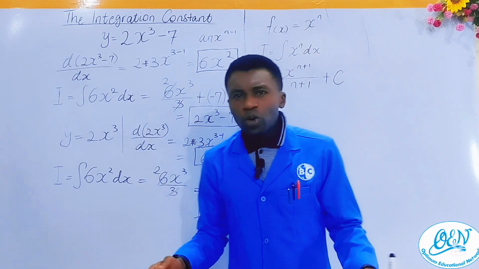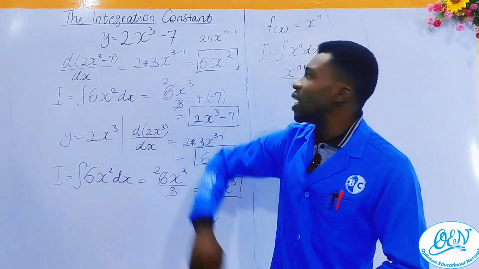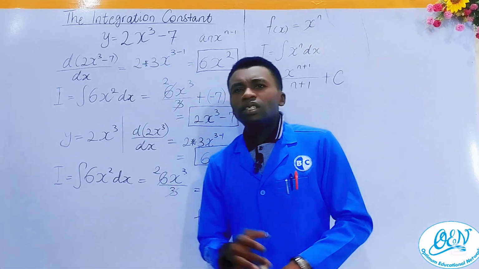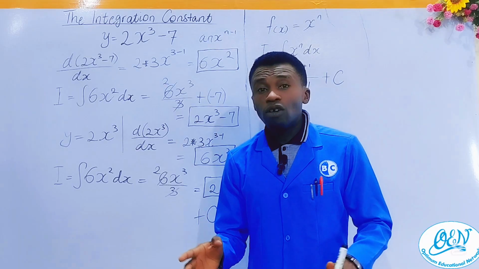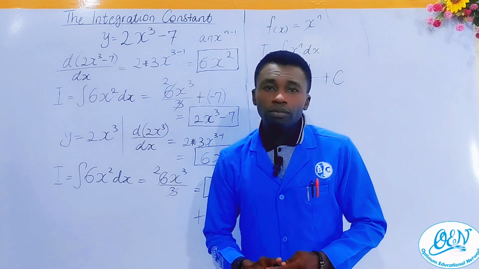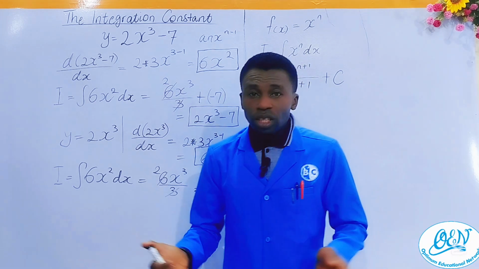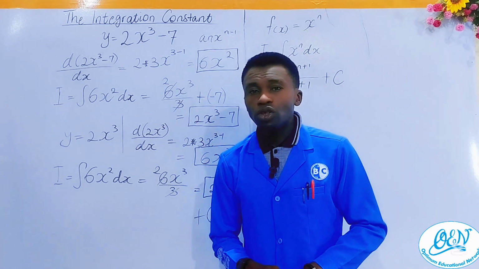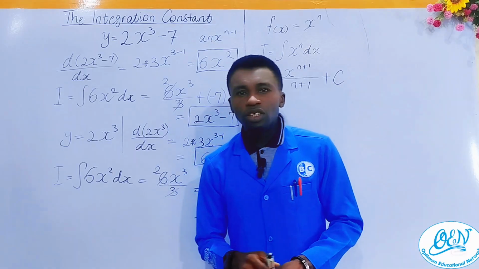But when we know the value of c, like in this case, we can call it a definite integral. So if you know the value of c, or you have information that can lead you to the value of the constant in the original function, then that will be a definite integral.